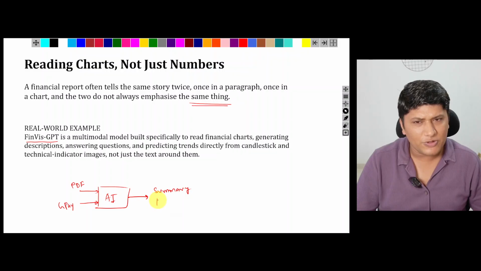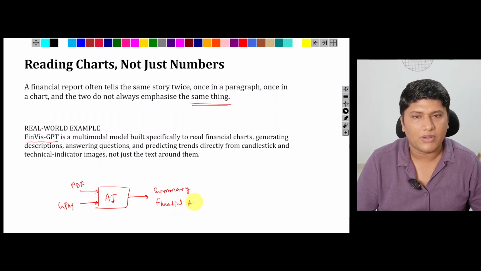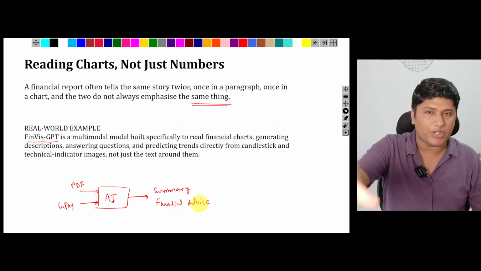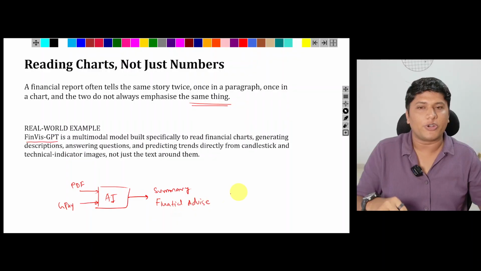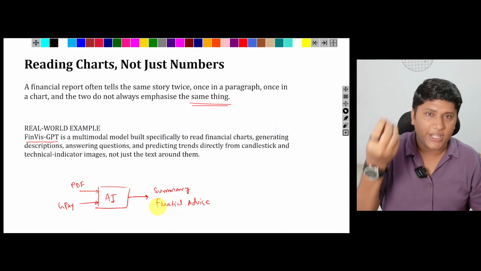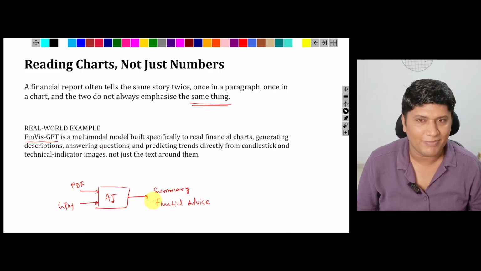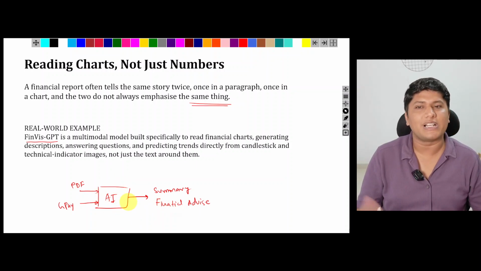It can also give you some financial advice based on principles, that this much percentage you should invest here, this much percentage you should invest here to diversify the portfolio. You should reduce the expenditure on Zomato probably. This is something that is happening actually. Okay, so our MSc AI students right now are making something like this, which is a multimodal AI system.